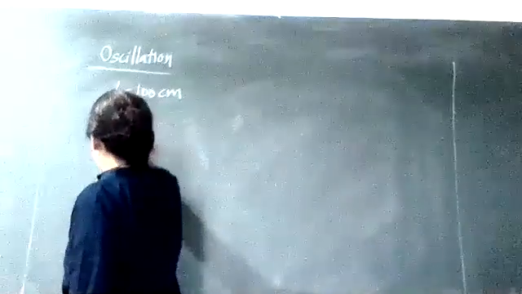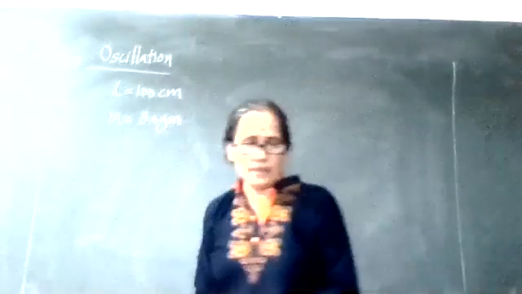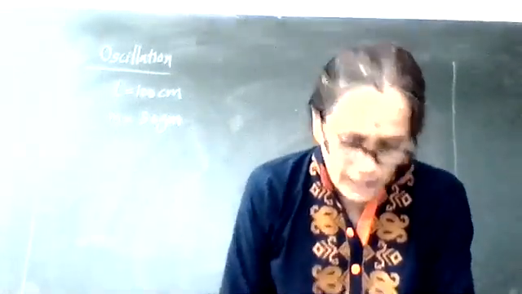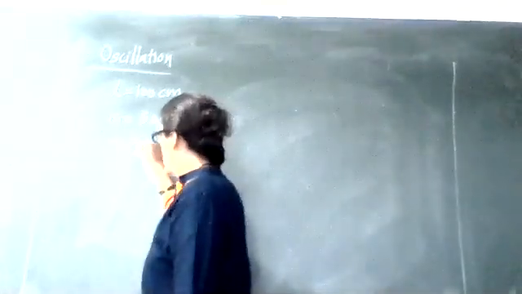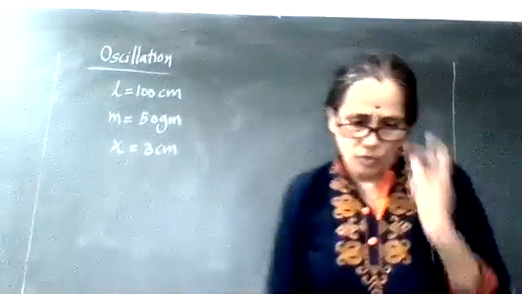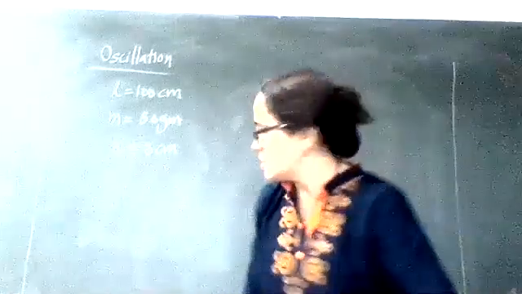So the mass of the bob is 50 gram. That is given. Then, the displacement from the mean position is 3 centimeters. So displacement is 3 centimeters, from the mean position. And at that time, you want to find out how much is the restoring force.